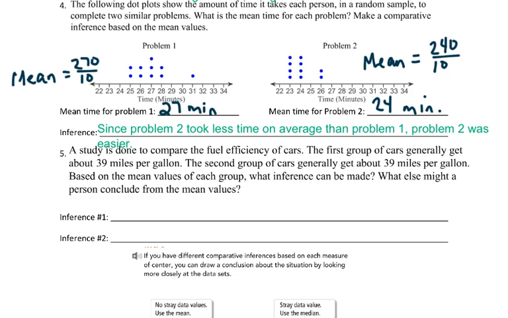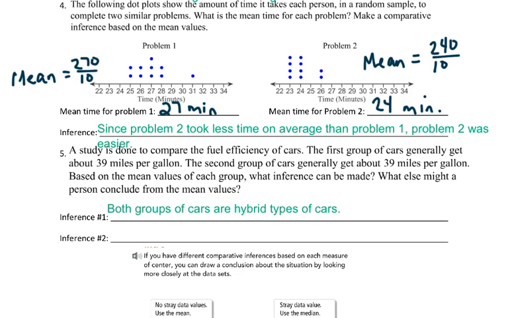So my first inference is that both groups of cars are going to be in the same class of cars, which means you're not comparing an SUV to a sports car. You're probably comparing, and this is a really, really good fuel efficiency, so I'm going to say that my inference is both groups of cars are hybrids, which means you combine electric and gas together to make the car run.